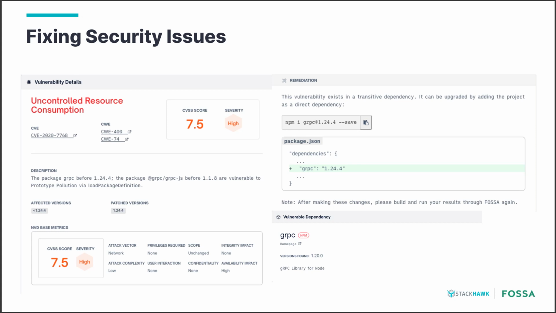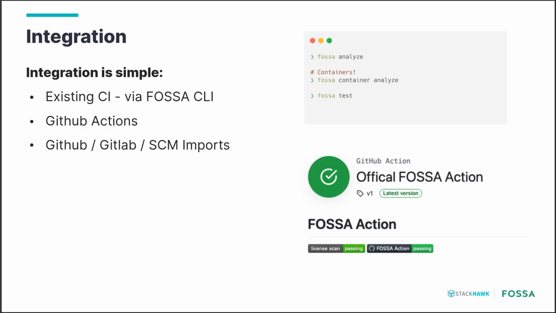Hey, Solomon, I got a question for you real quick. What operating systems does that container scanning support? That's an awesome question, thank you, Scott. It runs on everything. Maybe not a toaster, but if you can put Linux on a toaster, you can run Fossa. I just don't know why you would.